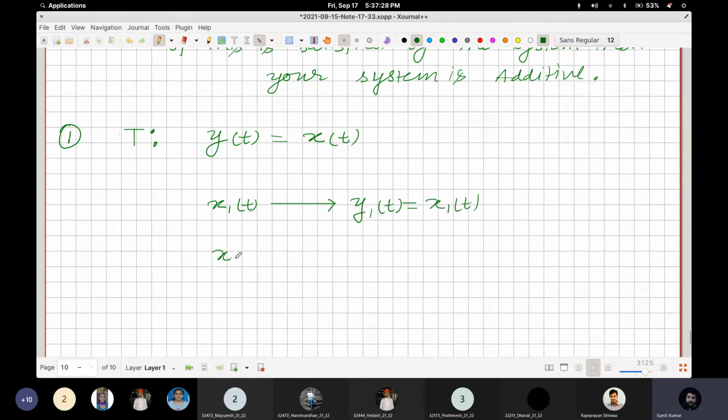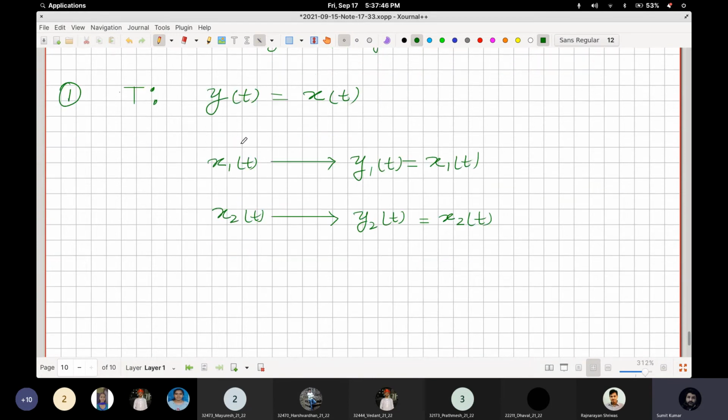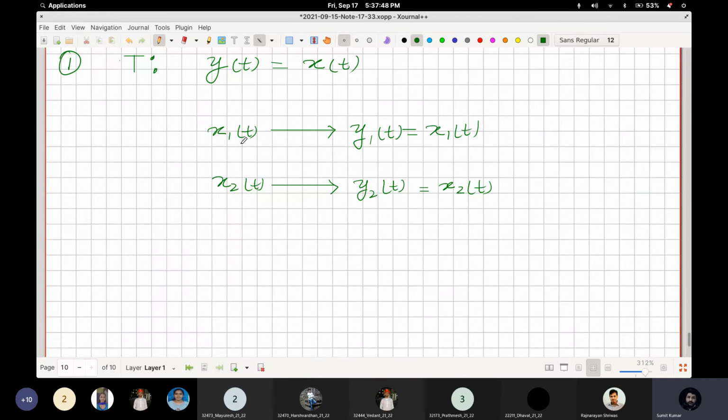Let's say you have given x2(t) as input, your output is going to be, let's say, y2(t), then y2(t) will be equal to x2(t), isn't it? Your system's output is equal to the input only. What is it saying? That our output is equal to input only. There is no change in input. Input is provided as it is at the output.